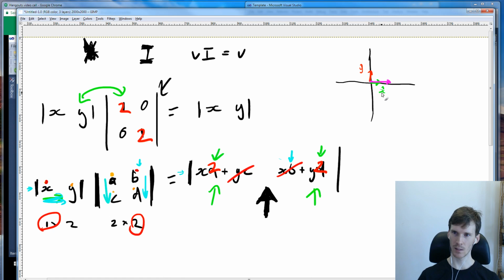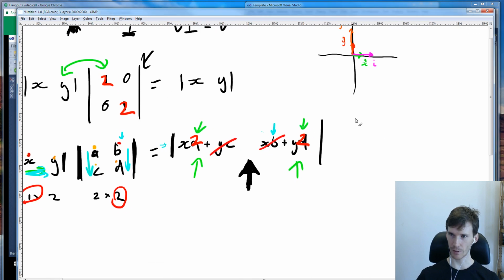If x hat is twice as big, and that's twice as big with j hat, the x vector scales by 2, the y vector scales by 2.